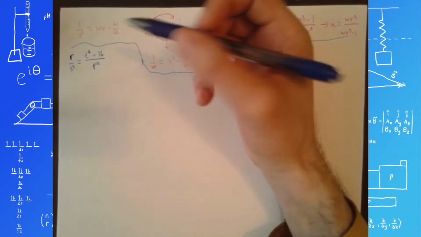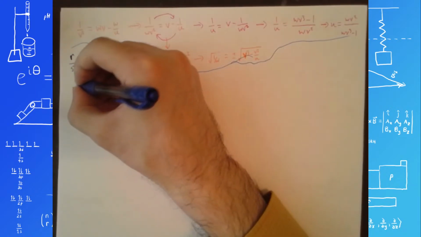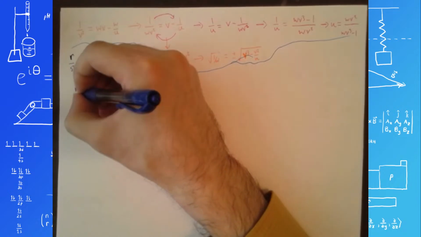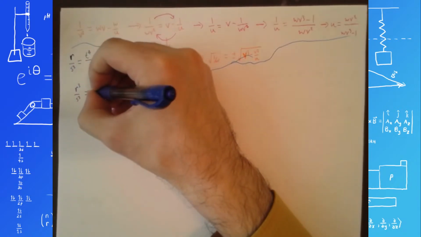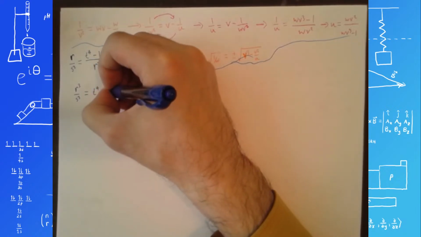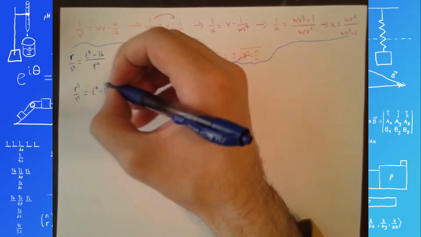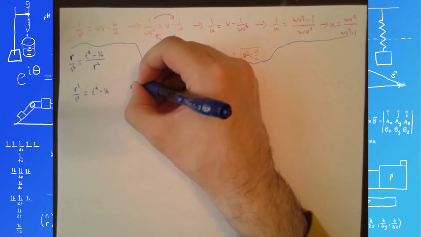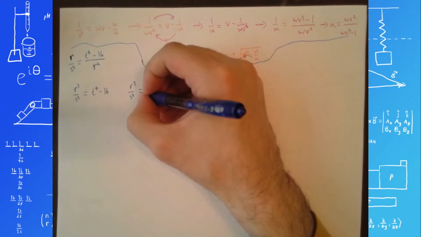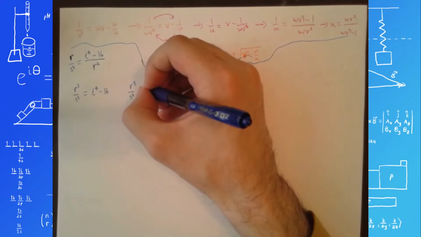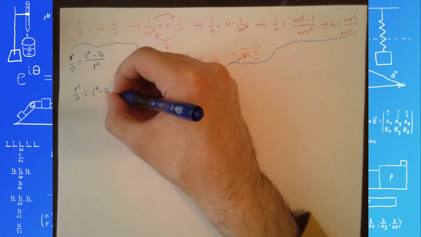Just multiply the r squared over to the left. And that gives you r cubed over s cubed equals t to the fourth minus 16. Add 16 and take the fourth root. R cubed over s cubed plus 16. Whoops, let me do plus 16 on this side.